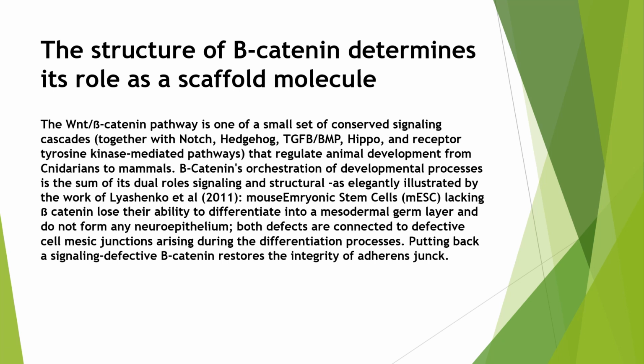Mouse embryonic stem cells lacking beta-catenin lost their ability to differentiate into a mesodermal germ layer and do not form any neuroepithelium. Both defects are connected to defective cell junctions arising during the differentiation process. Putting back a signaling-defective beta-catenin restores the integrity of junctions.